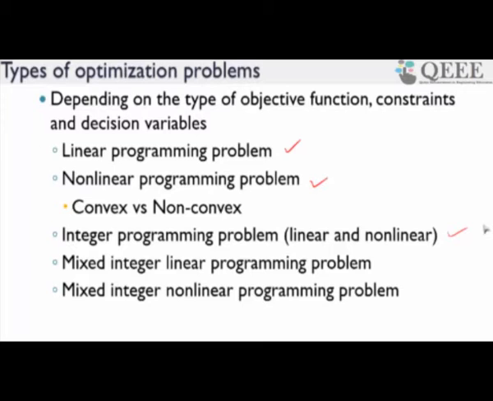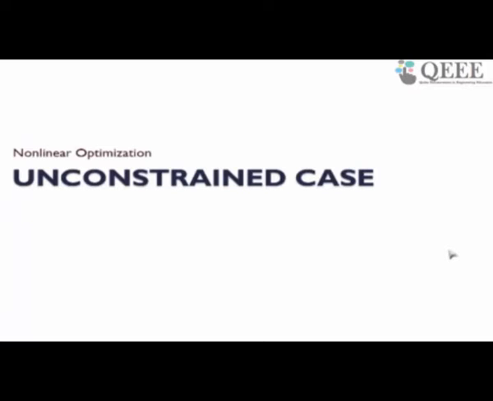You could have some variables which are integer and some which are real, in which case we call these mixed integer linear or nonlinear programming problems, depending on whether your objective function and constraints are linear or nonlinear. What I am going to do is introduce how we solve these optimization problems, and when you see some machine learning algorithms, you will see how some of these ideas are translated to them. So we will first start with what we call the unconstrained case.